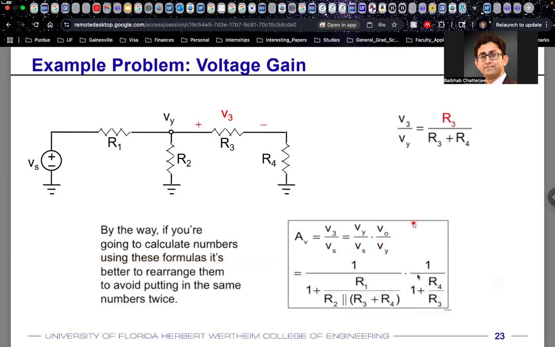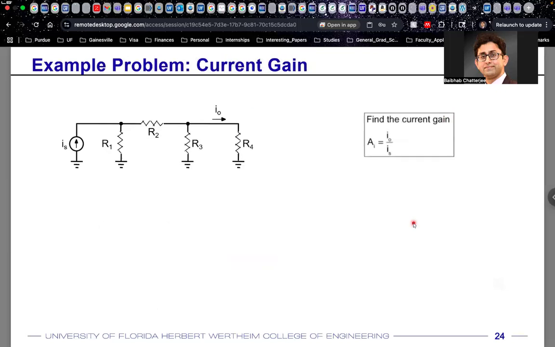All right. Now, the next problem that you see on the screen is basically a current gain or a current division problem. So I can probably draw that on the other side of the board. So instead of a voltage source, let's say you have a current source.